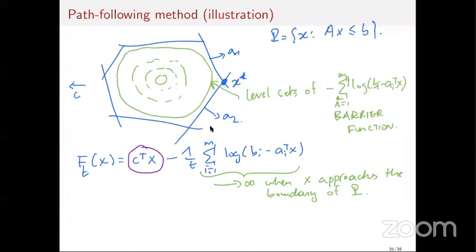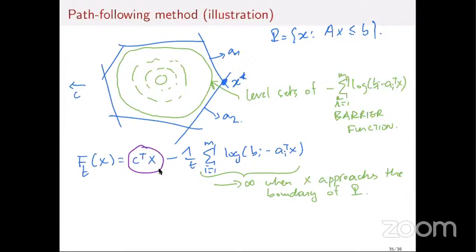So when t is small, the minimizer of f_t doesn't really see the c transpose x piece. But as you let t increase, the weight 1 over t will go to 0, and you will slowly recover what the objective function that you're interested in really is, c transpose x.